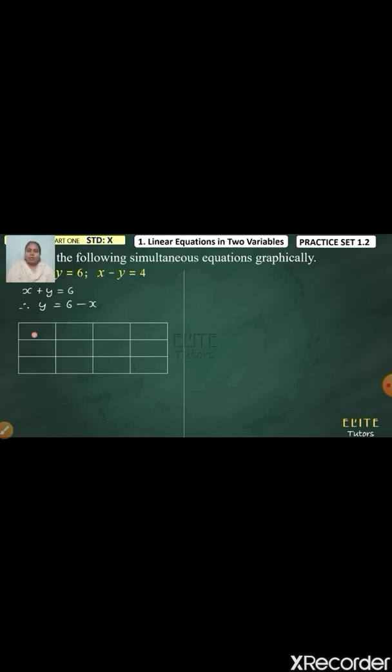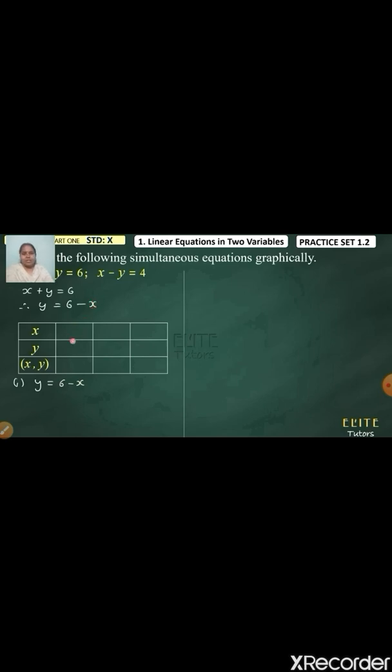Now selecting values in the table. Let us draw the table like this, 3 columns. The first column will be x, then y, and the ordered pair is x comma y. Taking 3 values of x and 3 values of y. Let us take the first value of x as 3. If I take x is equal to 3, what will I get? The value of y, that I need to work out. Firstly we will write the equation y is equal to 6 minus x.